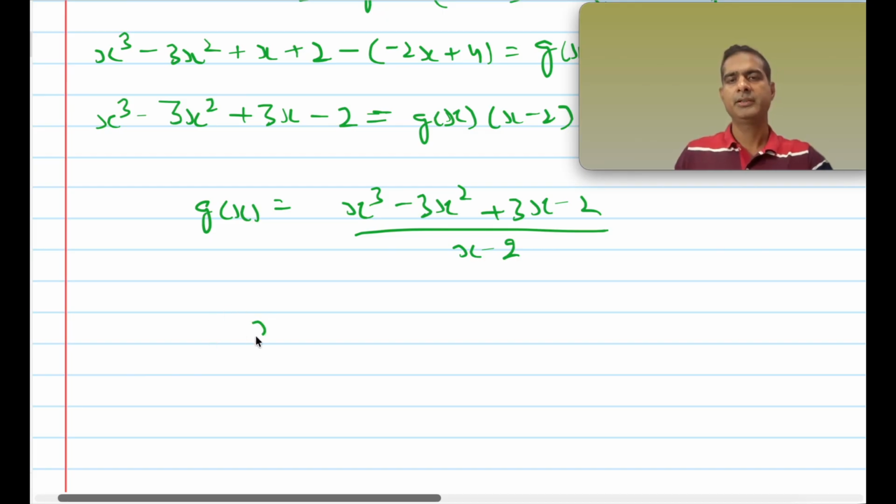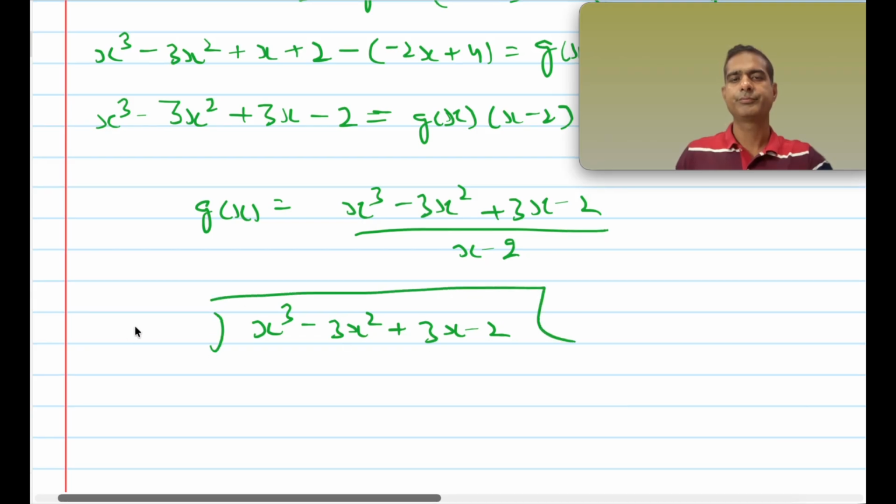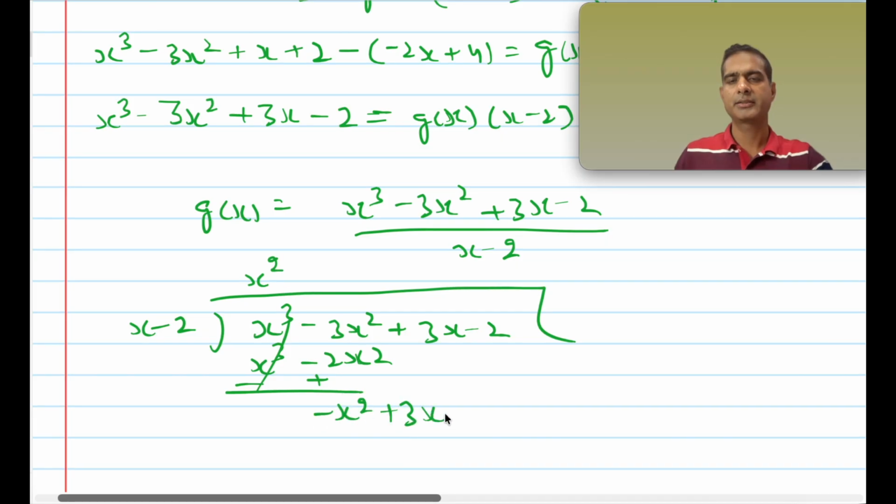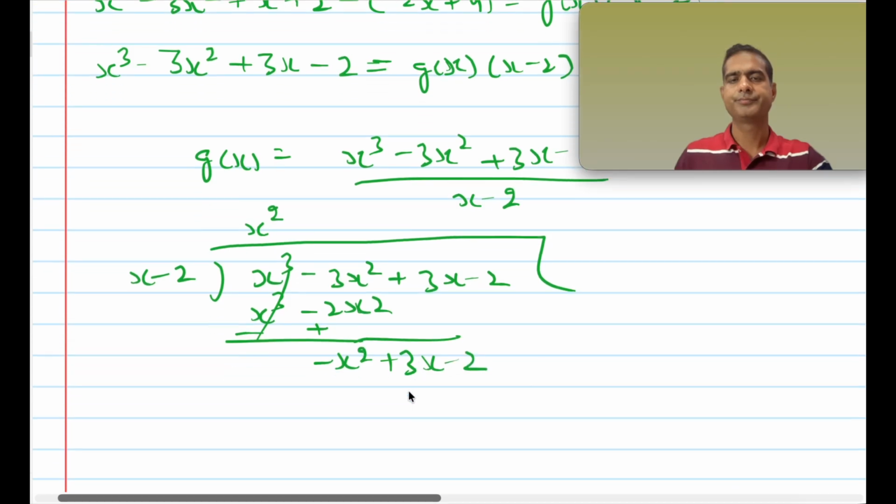So we will divide x cube minus 3x square plus 3x minus 2 by x minus 2. It will go x square times, so it will be x cube minus 2x square, so the x cube will cancel out and minus 3 plus 2 is minus x square plus 3x minus 2.